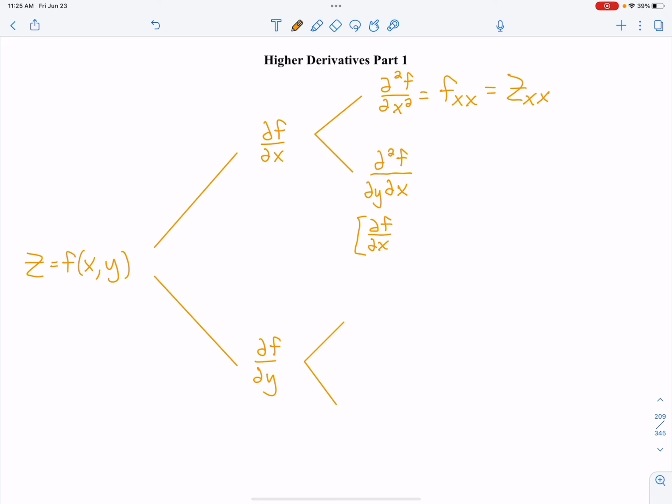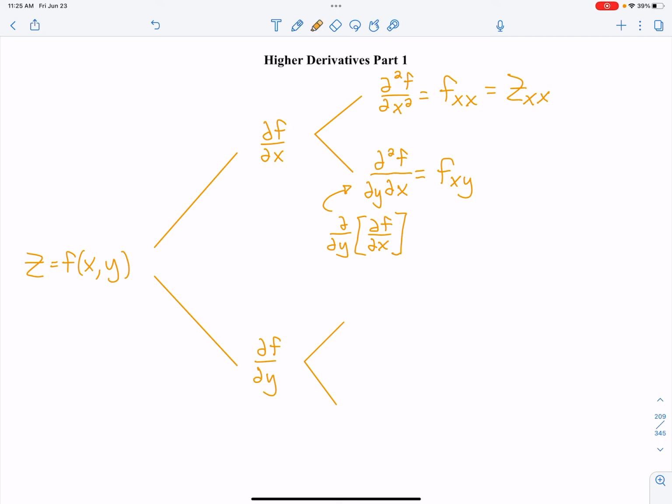That was the first thing I did, right? Then I took the partial with respect to y. The way that works out is exactly that above. To be even more annoying, we write it that way, but when we write f with the subscripts, we put x first and then y.